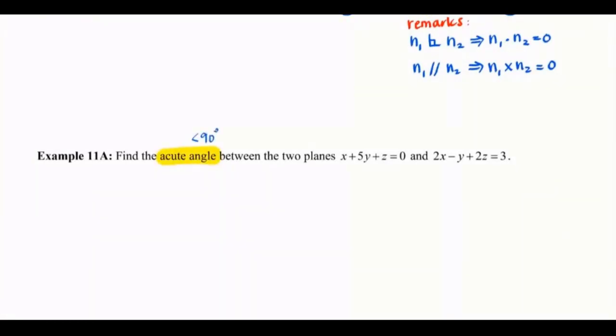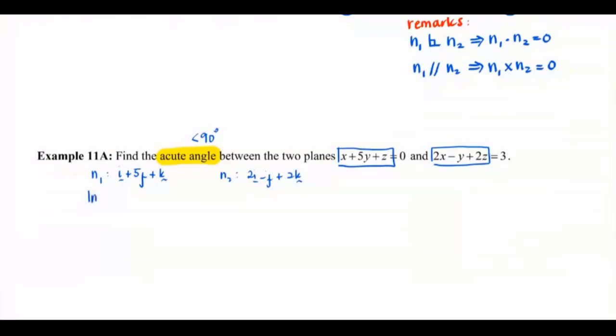First of all, we have to find the n first. So n1, we can have i plus 5j plus k. This we get from this part. And then your n2, from this equation, you can have 2i minus j plus 2k.